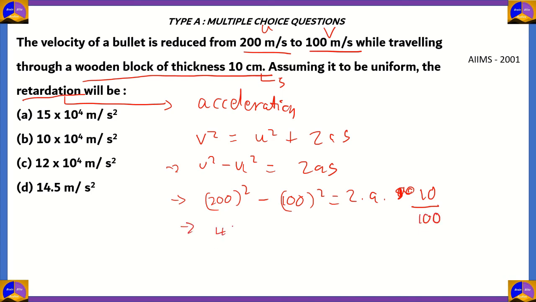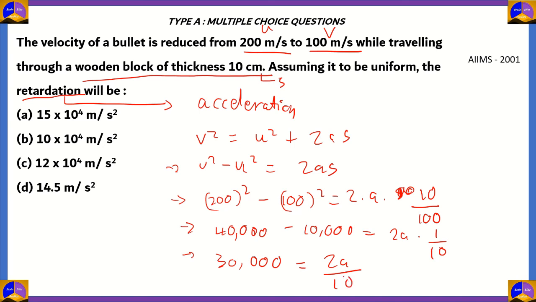So 200 square is 400,000. I mean, not 400,000, it'll be 40,000. Minus 100 square will be 10,000 equals 2a times 1 by 10. So 30,000 will be equal to 2a divided by 10.